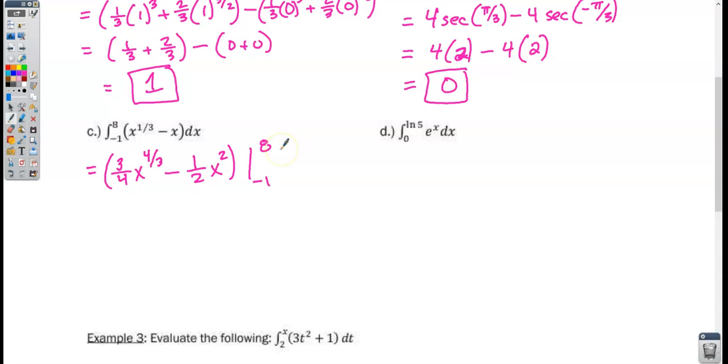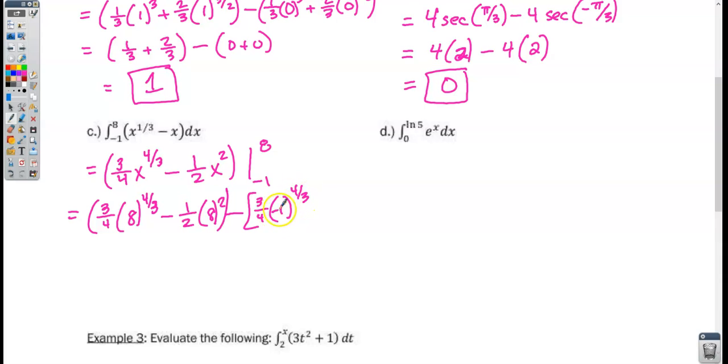We're going to evaluate that from negative 1 to 8. So this is going to be 3/4 times 8 to the 4/3 minus 1/2 times 8 squared, minus the quantity 3/4 times 1 to the 4/3, or negative 1 to the 4/3, pardon me, minus 1/2 times negative 1 squared.